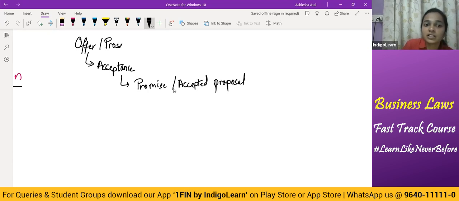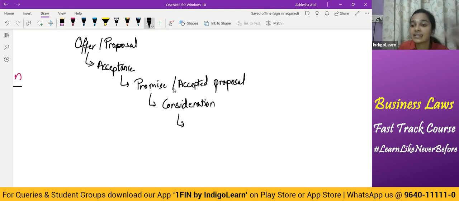So a proposal, when accepted, becomes a promise. But apart from promise, there also has to be some consideration which will make it a valid agreement. And this agreement has to be enforceable by law, and only then we can say that a contract has come into existence. So for a contract, two essential elements: agreement and enforceability by law.